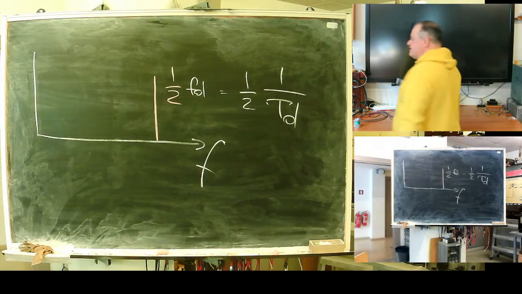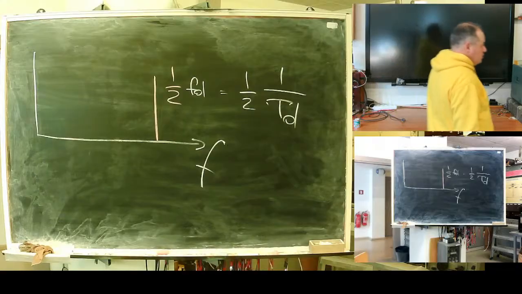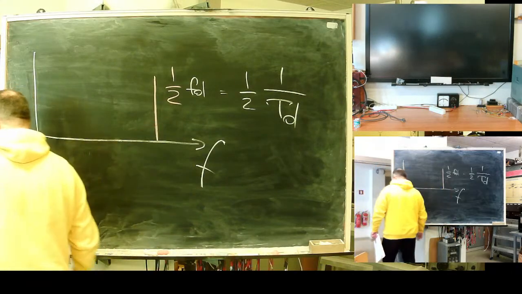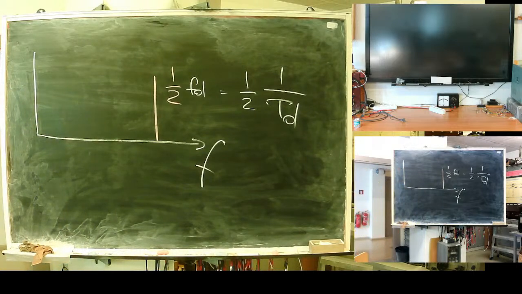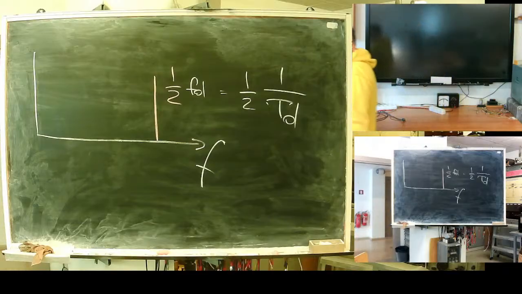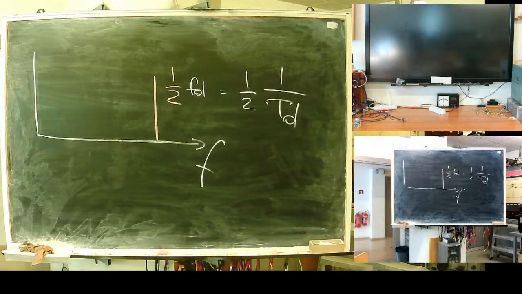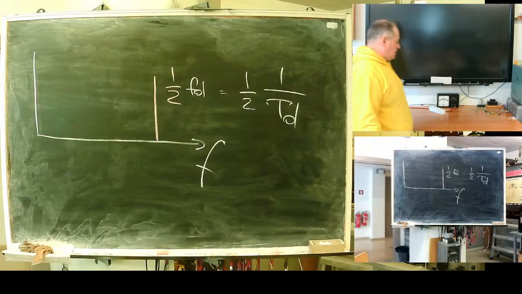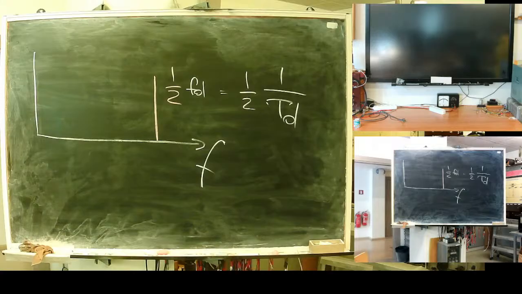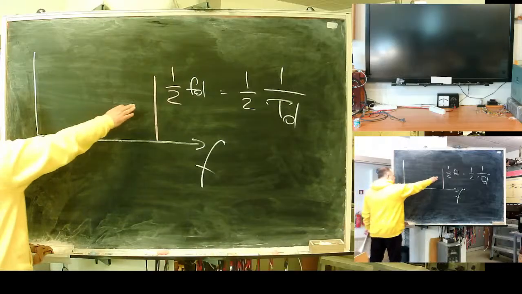Any signal here on the right side of the red line will cause distortion, will cause error, will cause malfunction, because no digital system in this world can correctly work with signal above the Nyquist frequency. So it's a red line.